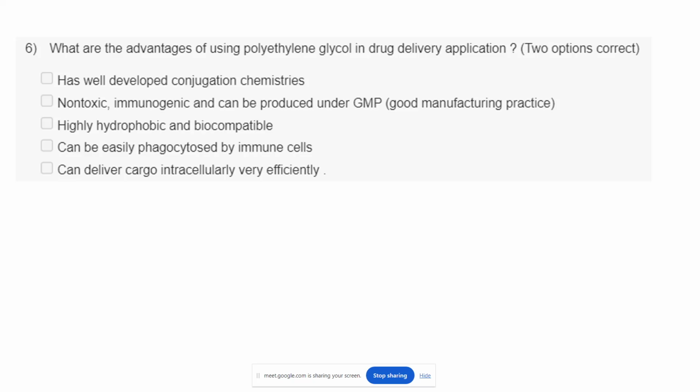Okay. Option 2 and 5. 2 and 5, okay. Anybody else?